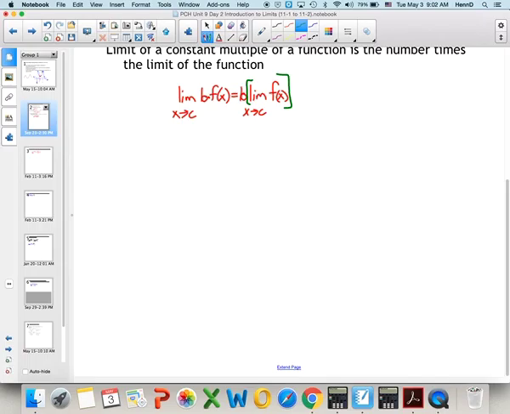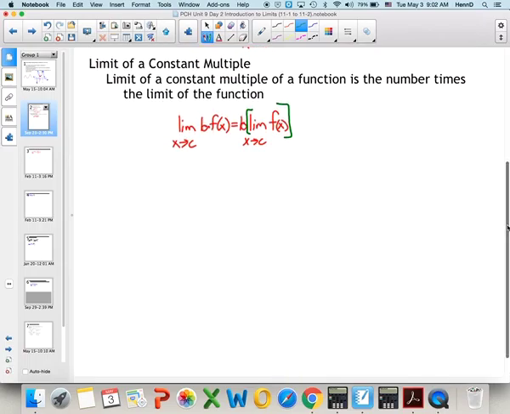That's with any function? Yeah, these apply to any function. So here's the deal. Let's say I had the exponential function, and I had the limit as x approaches 3 of 4 to the x.